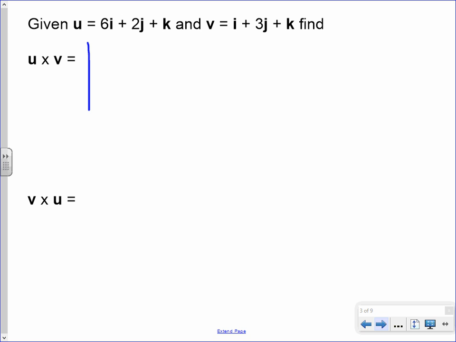So to evaluate the cross product, ijk is our first row, and then just the coefficients, just the components for u and v go in the next two rows. So since this is u cross v, we're going to put 6, 2, 1 in for the second row, and 1, 3, 1 in for the third row.